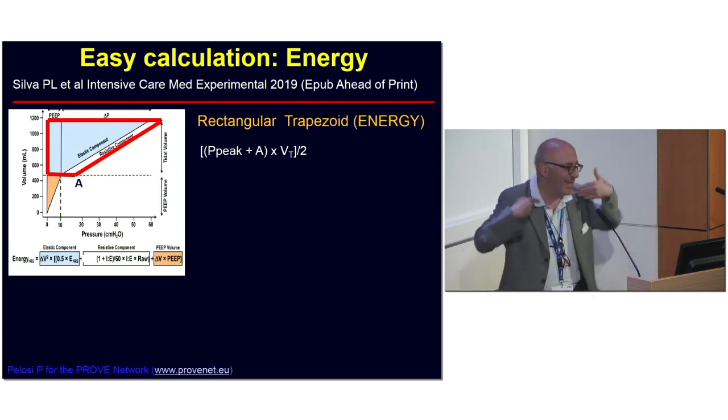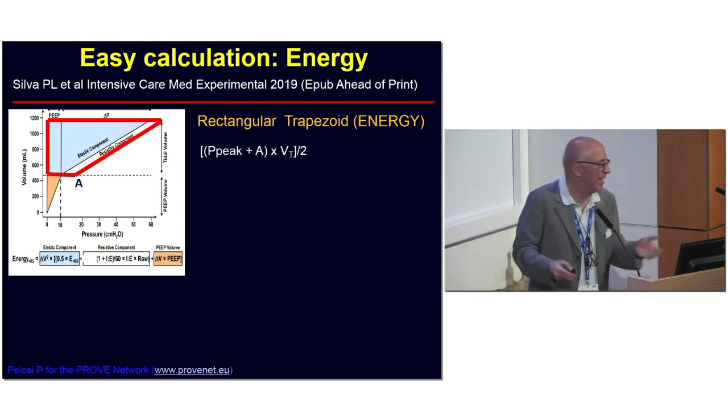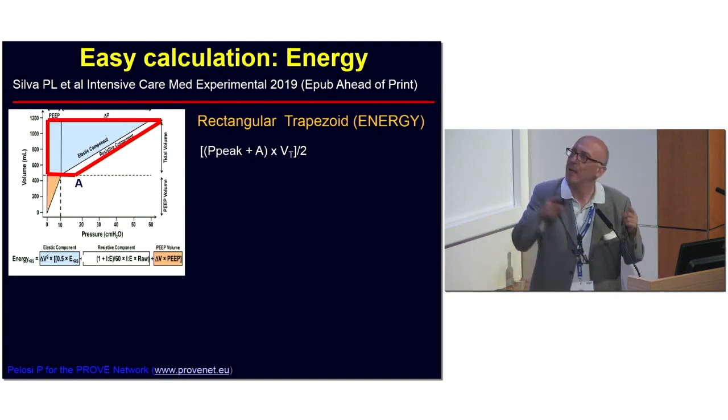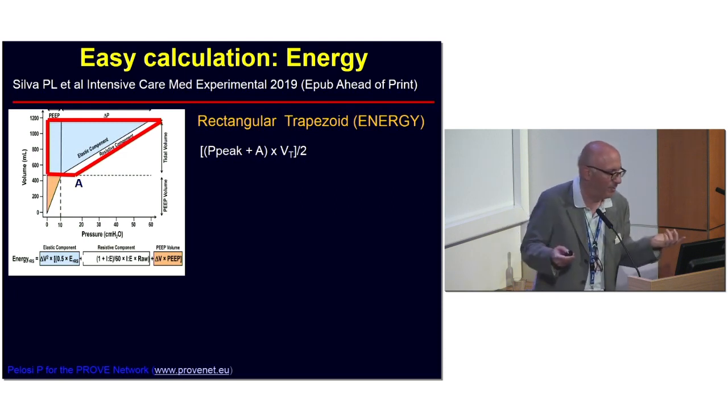So the big base, at least we say in Italy, the trapezoid area is the big base plus the minor base times the height, which is tidal volume, divided by 2.